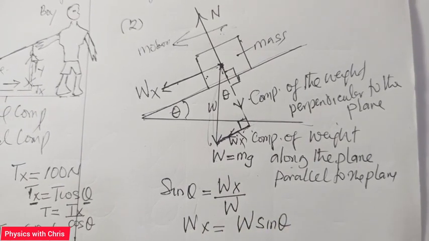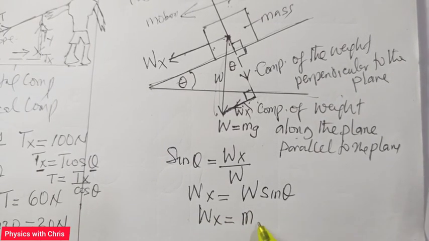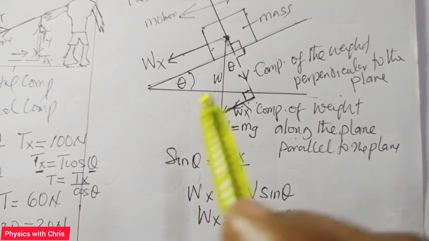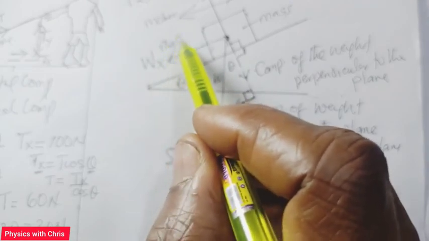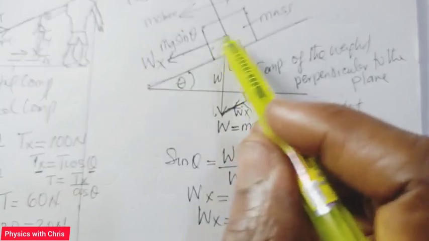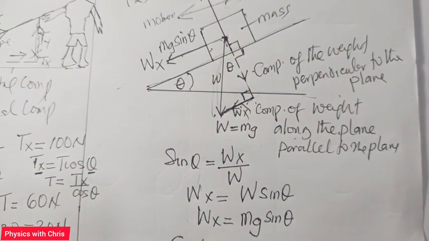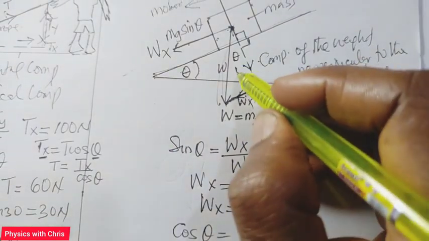And recall that the weight of a body is defined by the product of the mass of the body and the acceleration due to gravity. So this is mg sine theta, and that is the component of the weight that is acting along the plane, that is responsible for the motion of this block down the plane. Then the other component, using the cosine, cos theta, let's call this Wy.